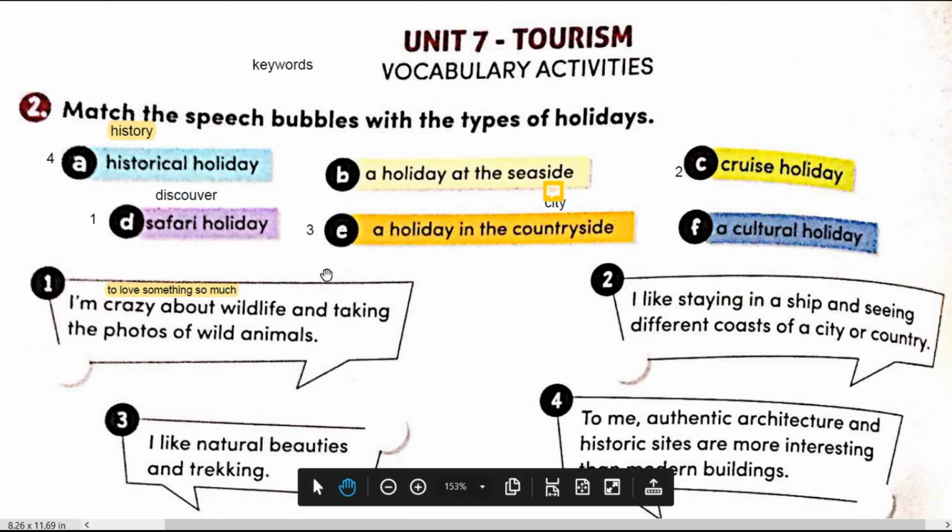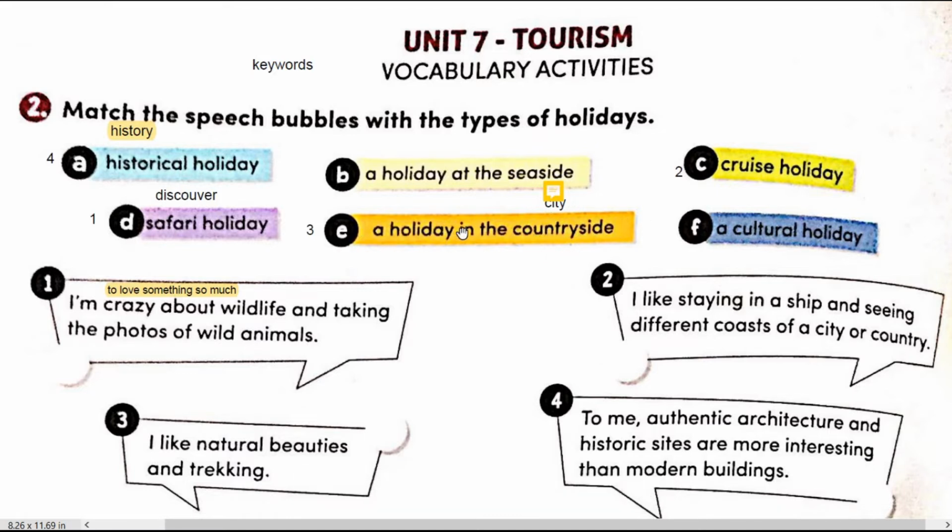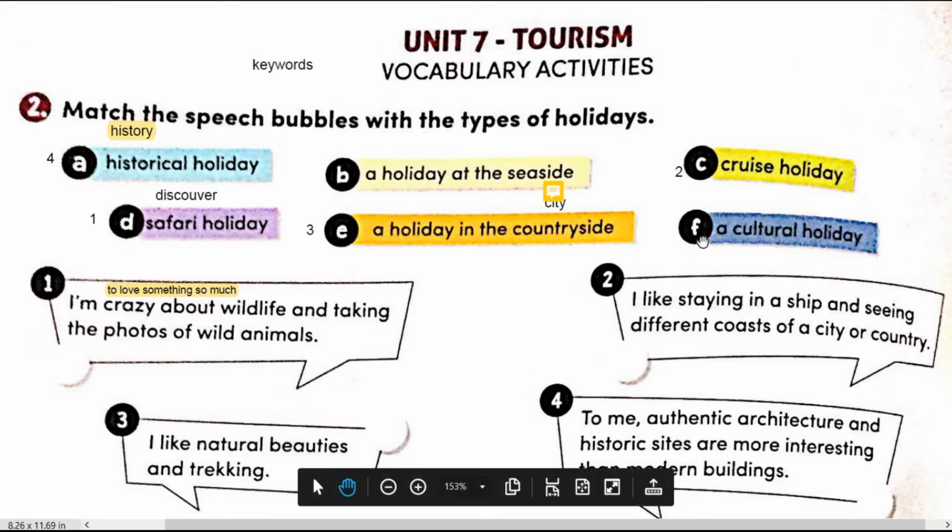Number three: I like natural beauties and trekking. Natural beauties, so we could talk about countryside again. So a holiday in the countryside. Number four: to me, authentic architecture and historic sites are more interesting than modern buildings.